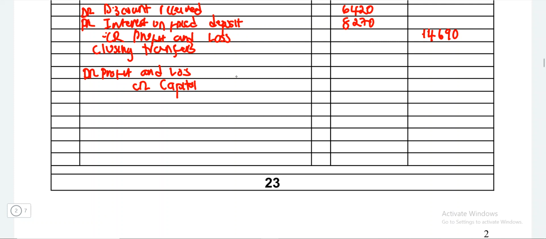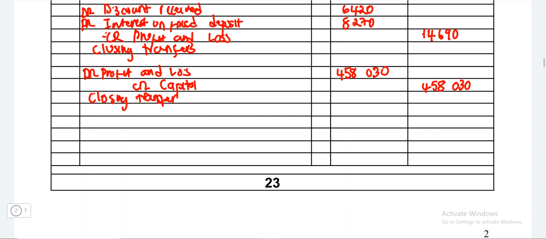The amount that we are going to put is going to be 458,000 and date, and then the reason for this is that this is a closing transfer. So we'll explain that this is a closing transfer.